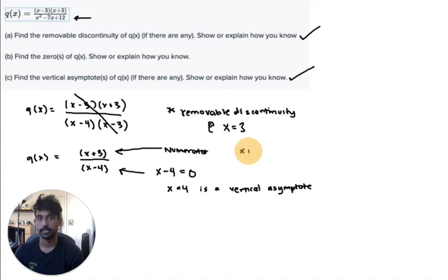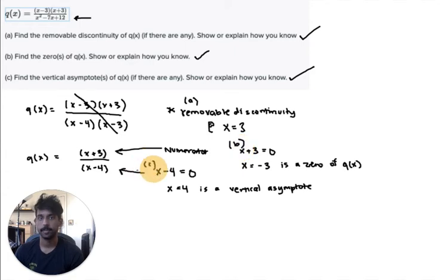We want x plus 3 equals 0. And so we solve that, x equals negative 3 is a zero of q of x. Great, so we found all three parts. And you could label it if you want to. This is A, this is B. Actually, please do label it just so it's easier for Miss Aduna or I to grade it.